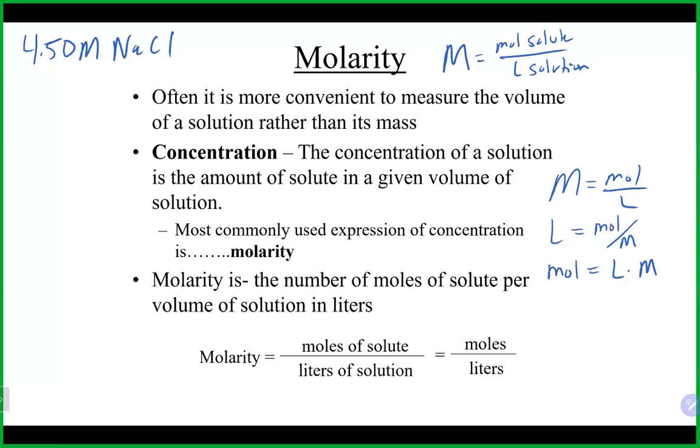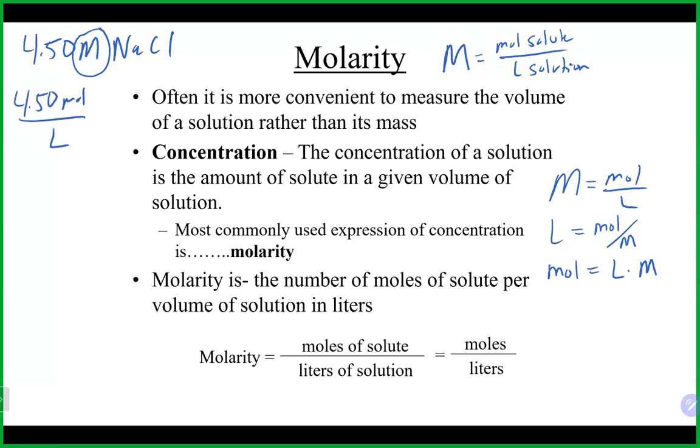It is really important when you do calculations, and I highly, highly, one more time, highly recommend, that you actually get rid of the big M. The way you use it is more like a conversion factor of 4.5 moles per liter.